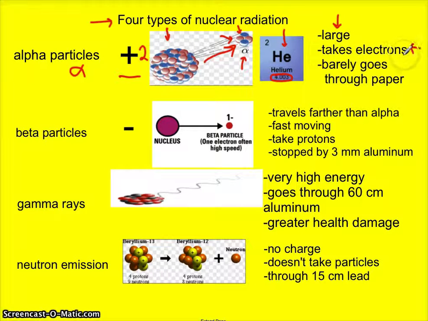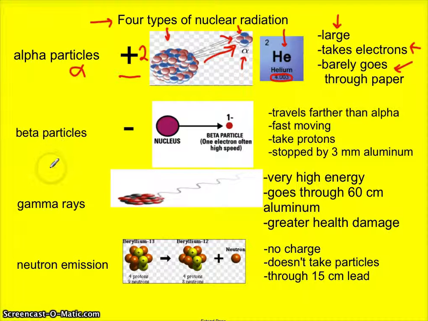It makes other ions. But like I said, it doesn't pose much damage because of its size, just because it's going to go through pretty slowly. So as it's taking electrons, that slows it down, and like I said, it barely even goes through paper.